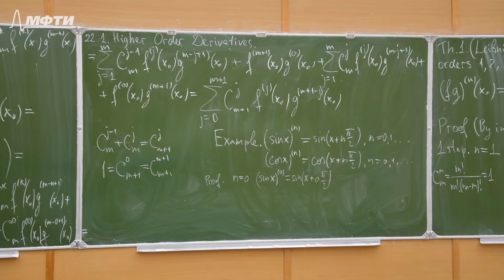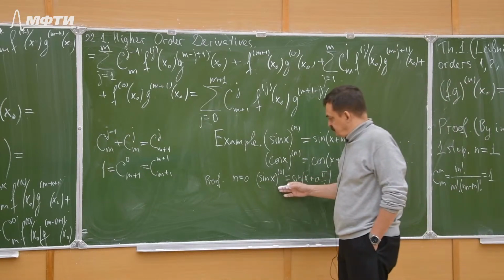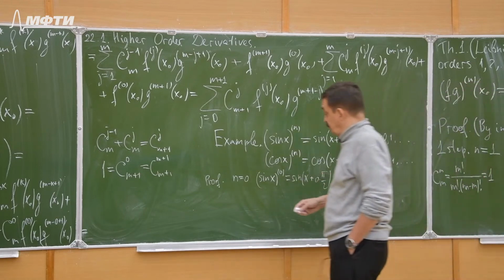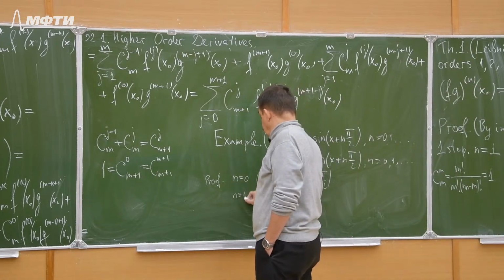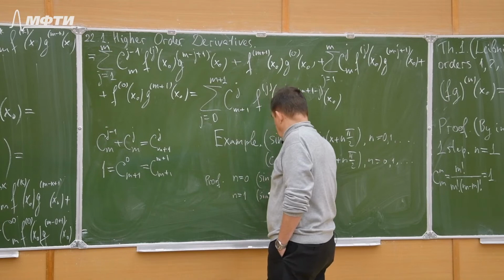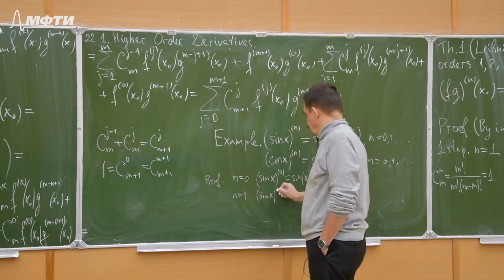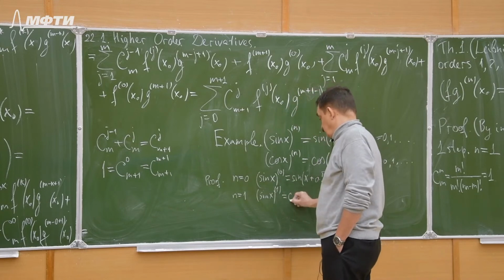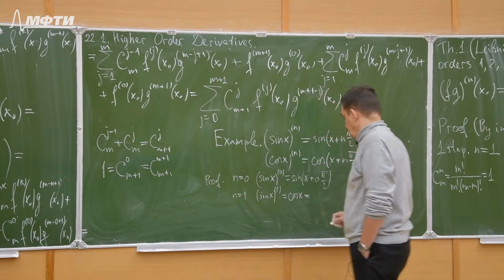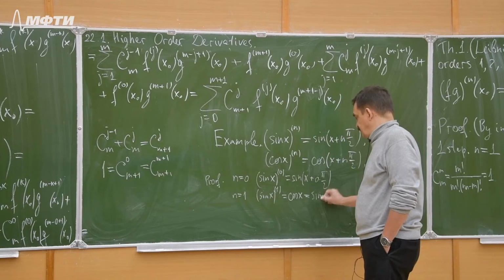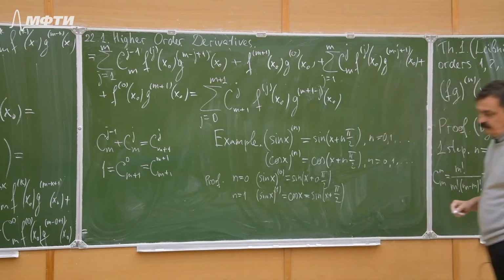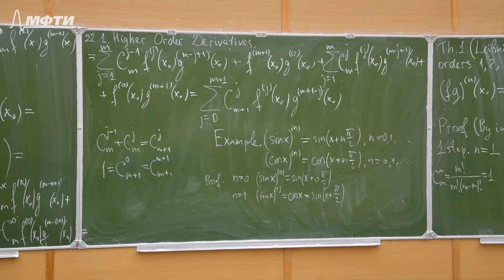The 0th derivative of sine is the function itself, and here we have sine x as well. n equals to 1, the first derivative of sine x, it's cosine x as we know, and that is nothing else but sine of x plus pi over 2 by trigonometric formulas.